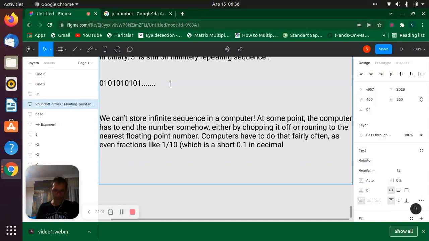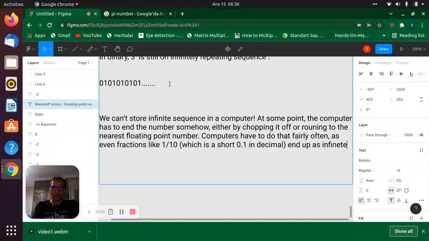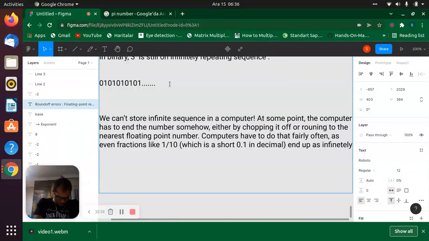So we know that in decimal, they end up as infinitely repeating sequences once converted to binary. Yes, converted to binary.